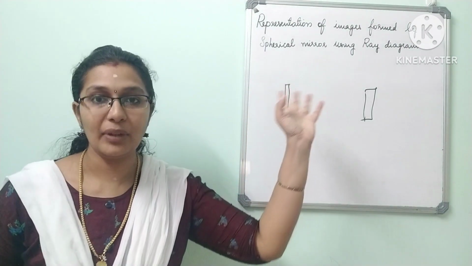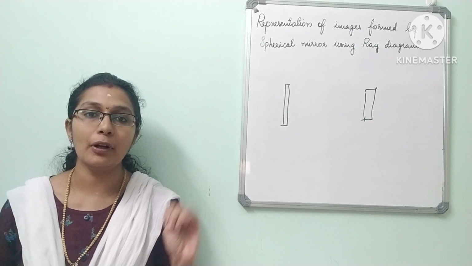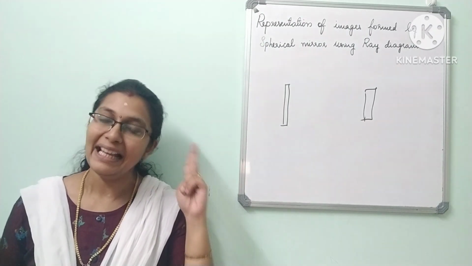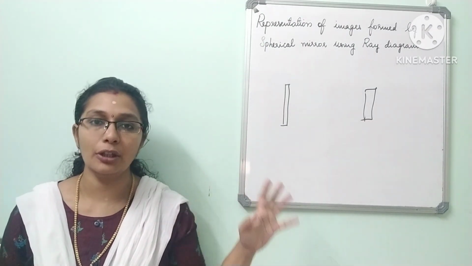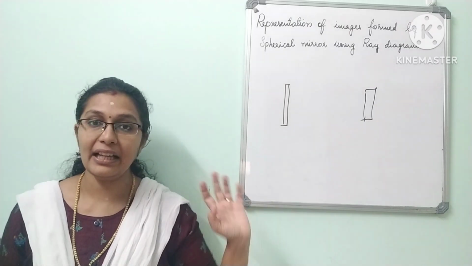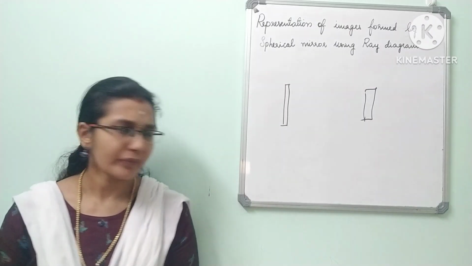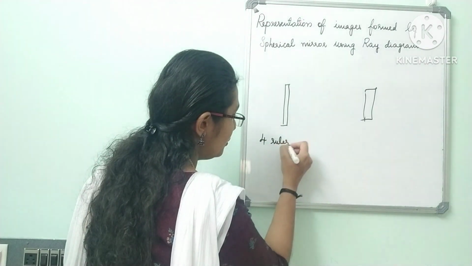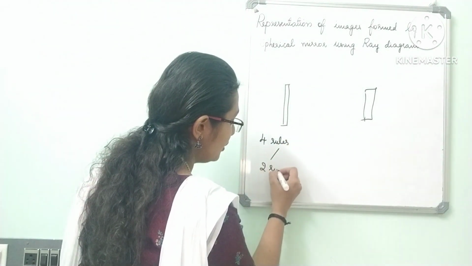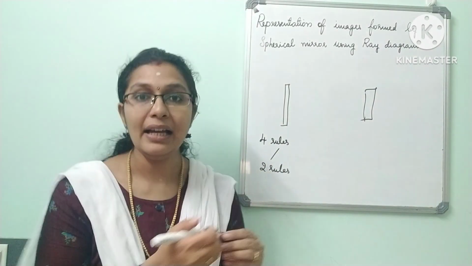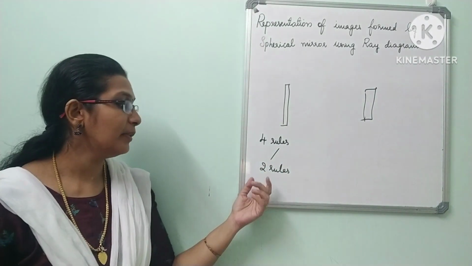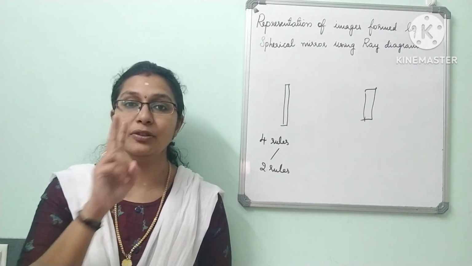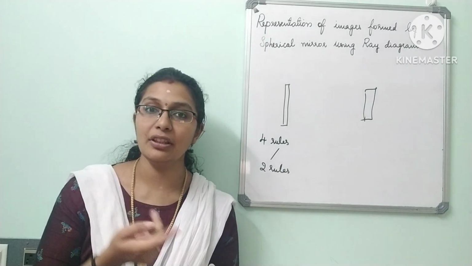So that is the topic. We are going to follow 4 rules. Out of that, any 2 rules you can use in order to draw a ray diagram to locate the image. You can ask me why we use 2 rays.